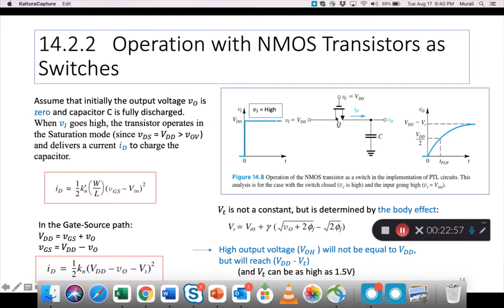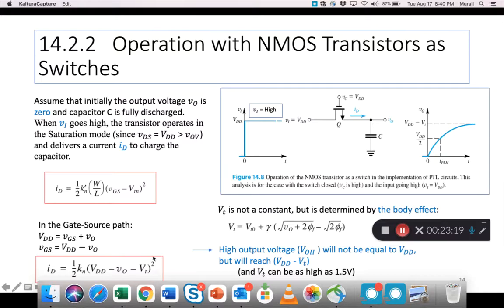In the gate-source path, VDD is VGS plus V0. That means VGS is VDD minus V0. So if you substitute VGS with VDD minus V0, you get this as the drain current for this situation.